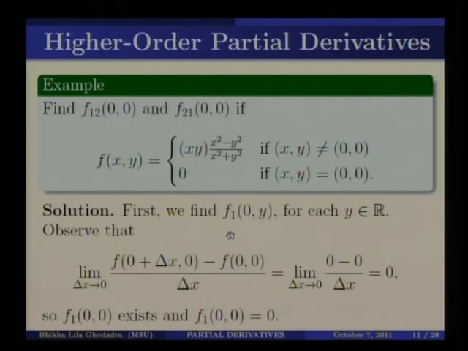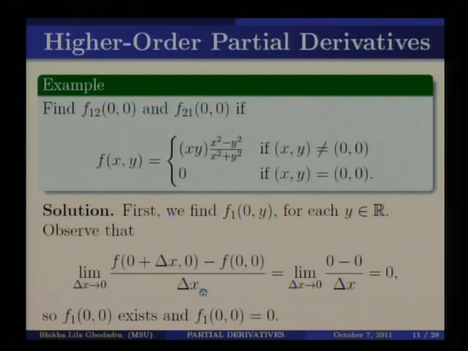Now, by the definition of the partial derivatives as defined by Dr. Thomas in the beginning, f1 at (0, 0) is this limit, provided the limit exists. Here, consider f at (0 + delta x, 0) minus f at (0, 0), upon delta x.